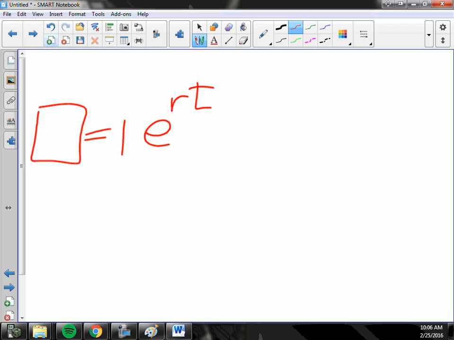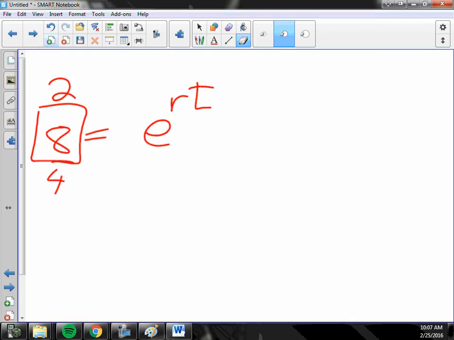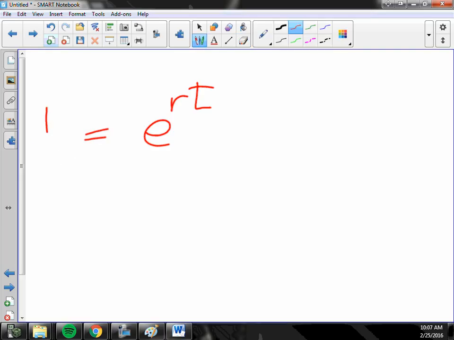So you could fill in any values you wanted, and if I put 4 there and I'm doubling, then I would put 8 there, but when I divide by 4, I'm going to end up with a 2 over here. So I might as well just start with the 2 on the left side. If you're doing radioactive decay, it will always be half-life. And when you're dealing with half-life, you're going to equal it to 1/2. And if it's radioactive decay or any other type of decay, your R value is going to be negative.